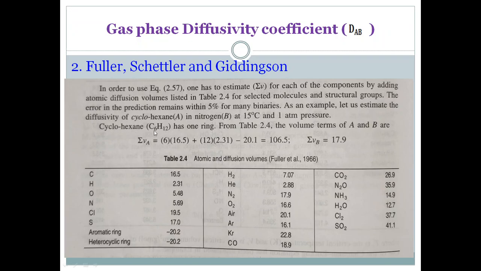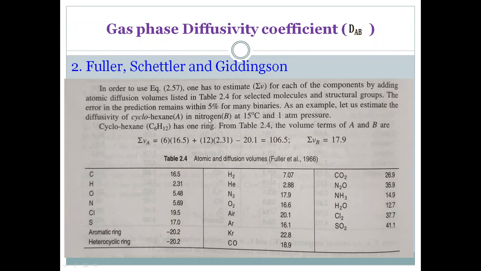Cyclohexane means 6 carbon, with carbon 16.5, plus 12 hydrogen, 12 into hydrogen 2.13, and cyclohexane means heterocyclic ring, so minus 2.1, so 106.5. So this will be your value for cyclohexane.